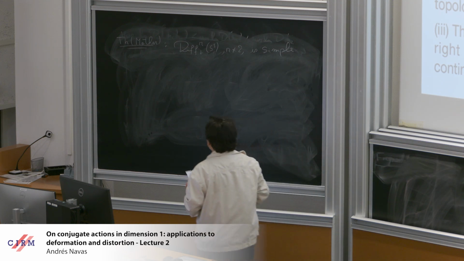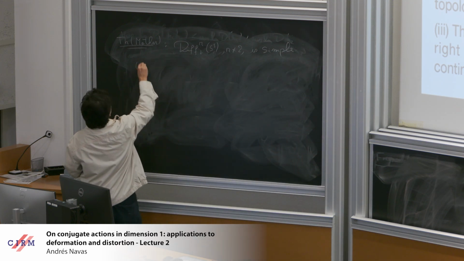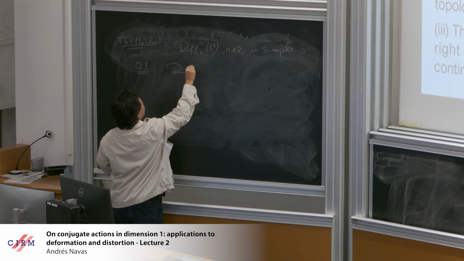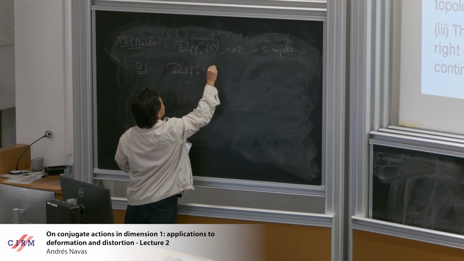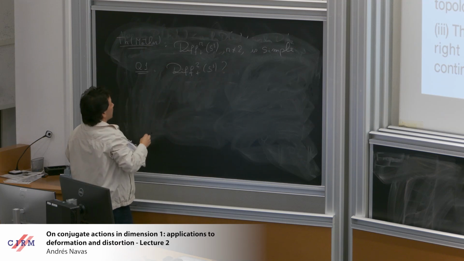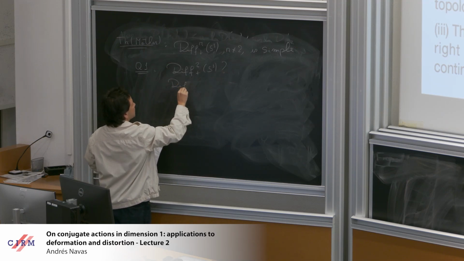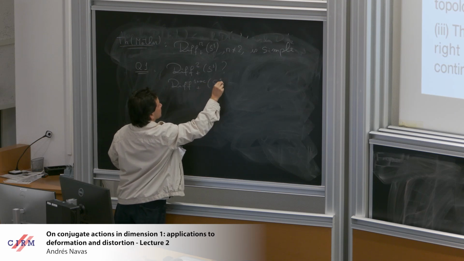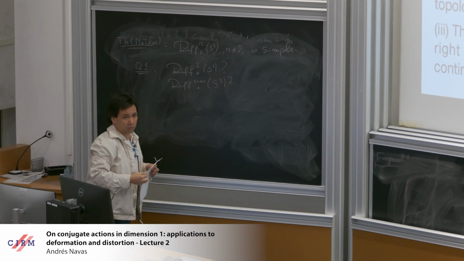So question 1. What about Diff C2? Nobody knows. Actually, if you ask the same question for C1 plus absolutely continuous, you get into the same troubles. It is not known whether it is simple or not.